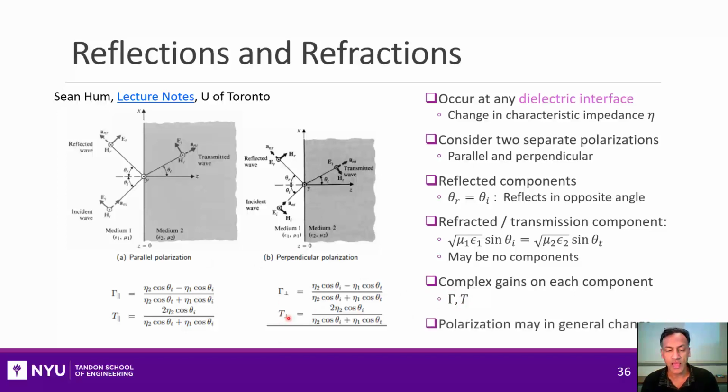Now, one aspect of this is that since in general the perpendicular and parallel components get reflected in different manners, the relative gains can change, and hence the polarization of the reflected wave may be different than the polarization of the incident wave.